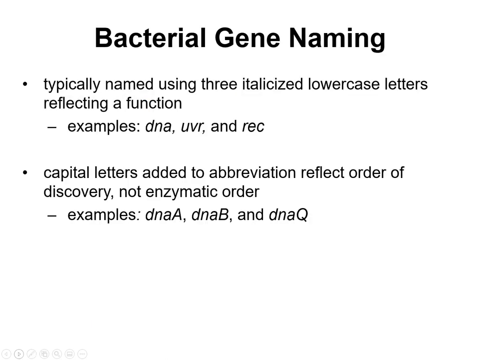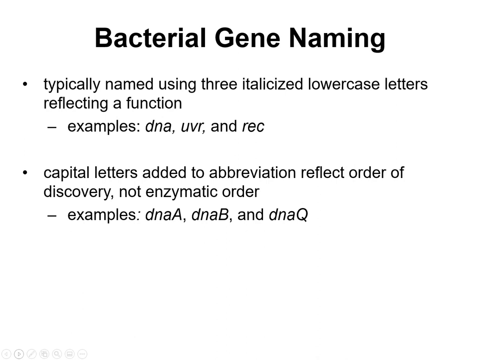Before we get into the actual process of replicating DNA, we've got to talk about gene naming and protein naming because we're going to see some kind of wildly different systems when we look at bacteria versus eukaryotes.